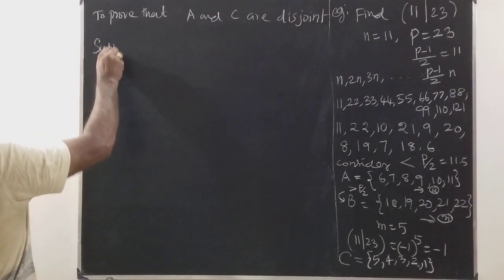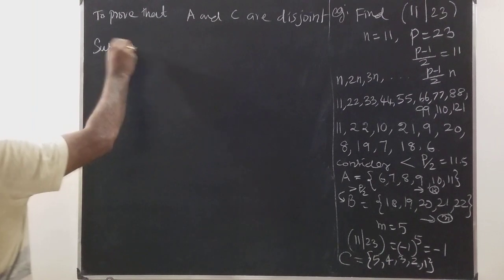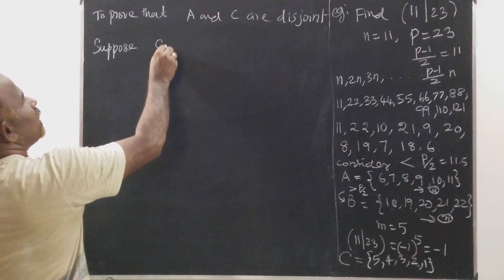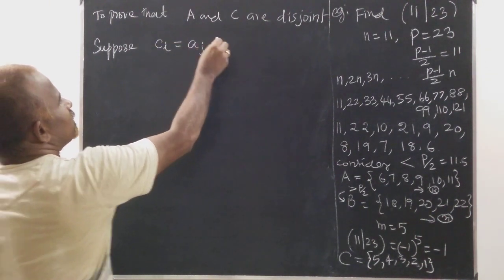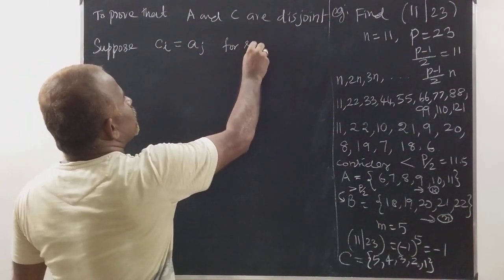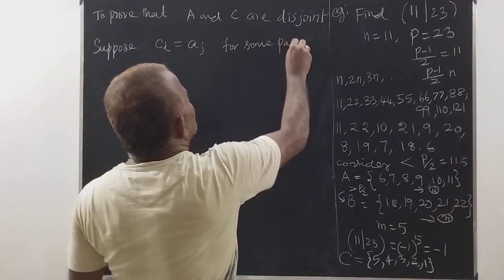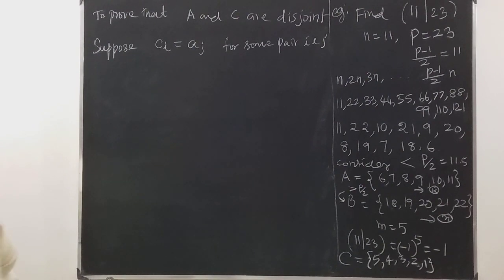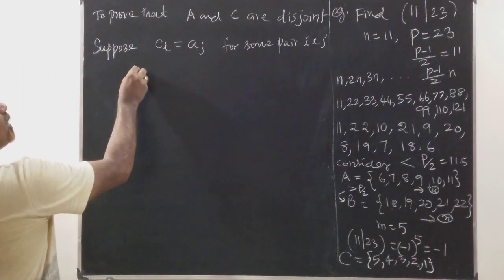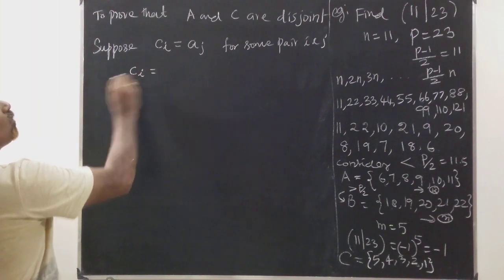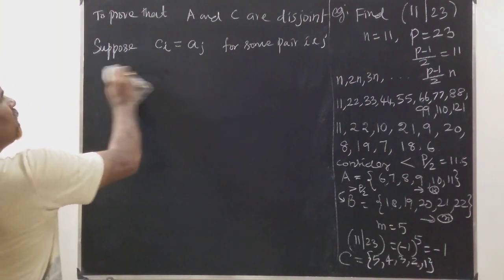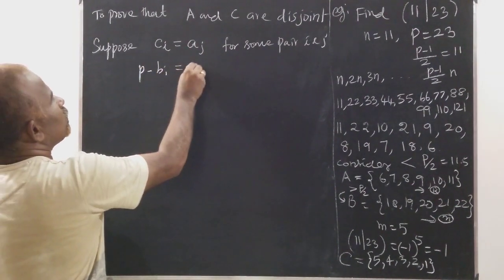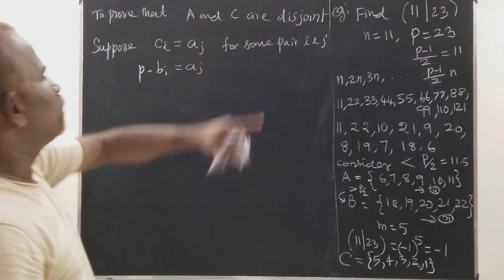Suppose there is some element that is equal. Suppose Ci is equal to some Aj for some pair i and j. Okay, suppose that, what will happen? Ci is nothing but P minus Bi, which is equal to Aj for some pair i, j.